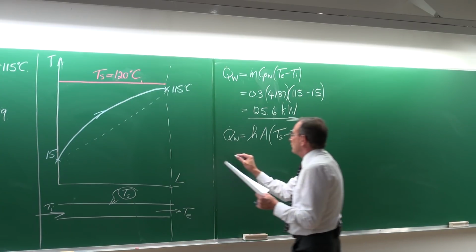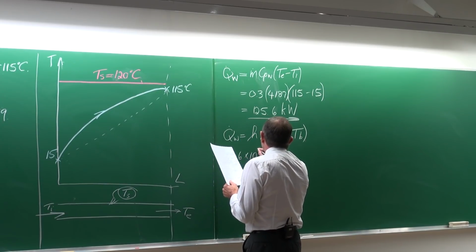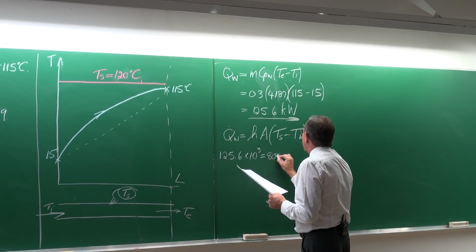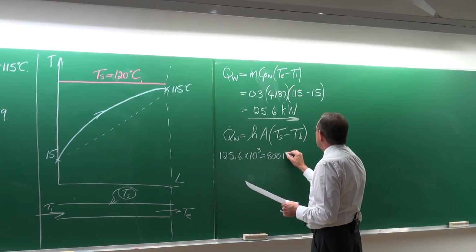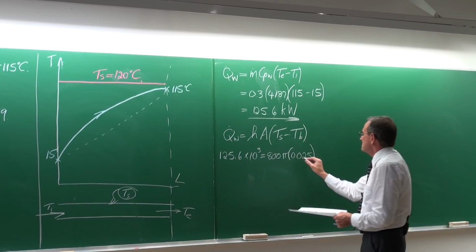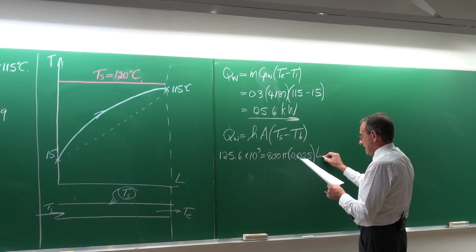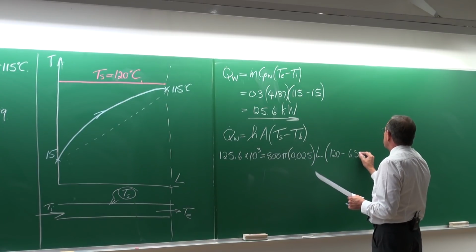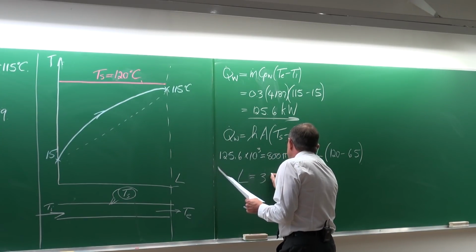We have the heat transfer rate, 125.6 kilowatts, equal to the heat transfer coefficient, given as 800, multiplied by the surface area of the tube, which is pi multiplied by the diameter, 25 millimeters, therefore 0.025, multiplied by the length L, multiplied by the surface temperature 120 minus the bulk temperature 65. We can get the length of the tube: it is 36 meters.